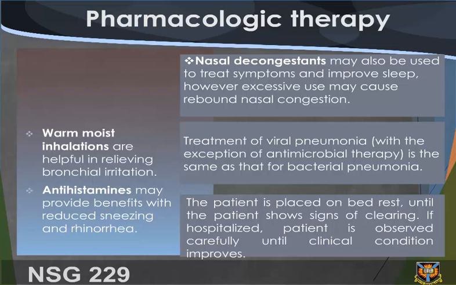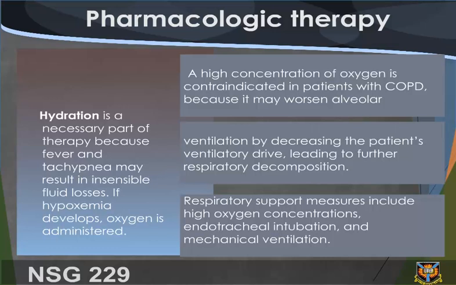The patient is placed on bed rest until the patient shows signs of clearing. If hospitalized, the patient is observed carefully until clinical condition improves. Hydration is a necessary part of therapy because fever and chills may result in insensible fluid losses. If hypoxemia develops, oxygen is administered.